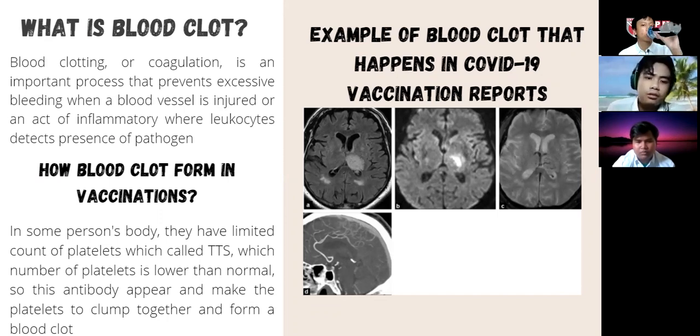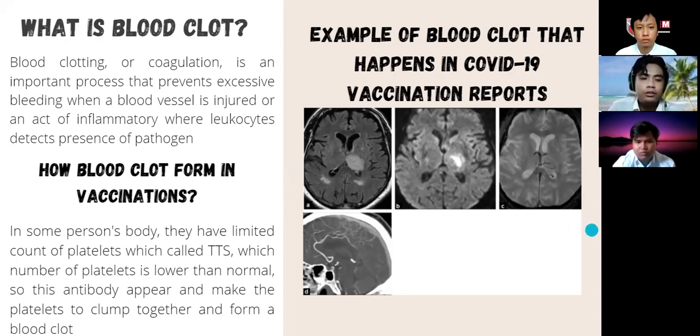So how does a blood clot form in vaccination? In some people, the body has a lower number of platelets compared to the normal number, which is called TTS, like Aida explained. So an antibody appears and makes the platelets clump together and form a blood clot.